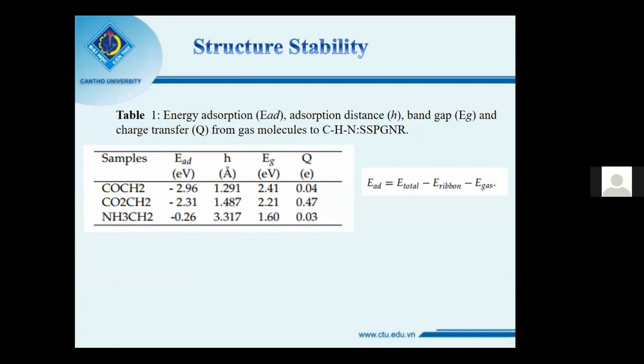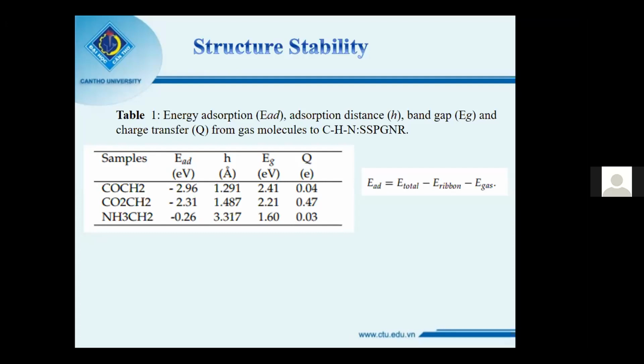As per this definition of absorption energy, negative absorption energy exhibits that the process is exothermic in nature, while the magnitude signifies the monatomic stability.